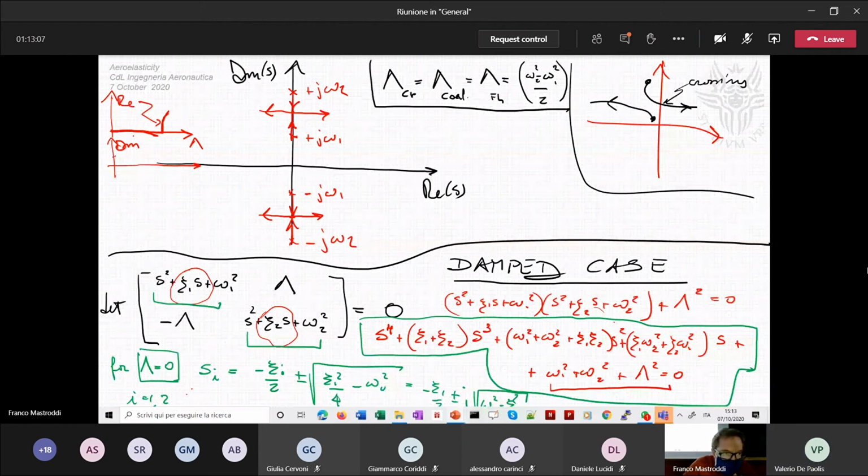So you have this increasing, and here something like stabilized. What you can see is that your pole is varying in its real part and its imaginary part. So you are varying the frequency. The frequency of oscillation of the panel is actually varying as the aerodynamic flow increases. After the critical point, the frequency is stabilized.